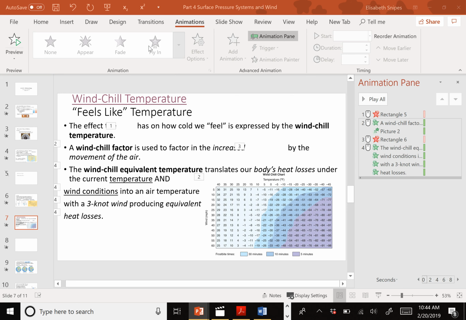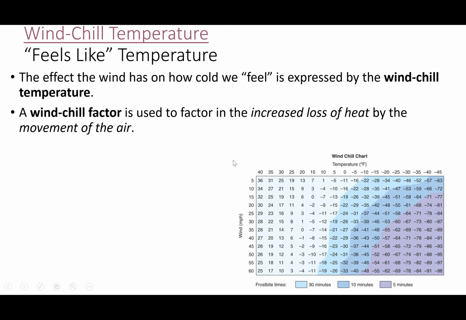Okay, so now, feels like temperature chart, where we just need to see where our 9 miles per hour intersects with 1.1 degrees Celsius. We don't have 9, but we have 10.